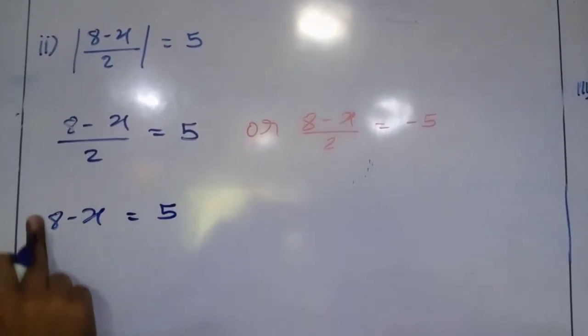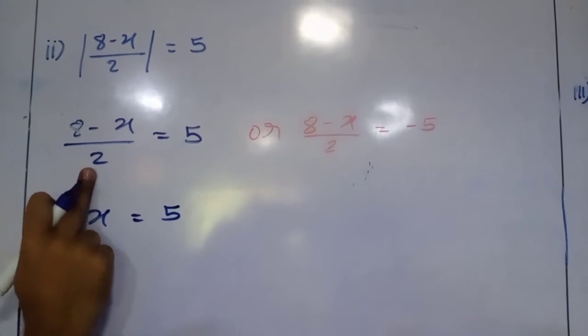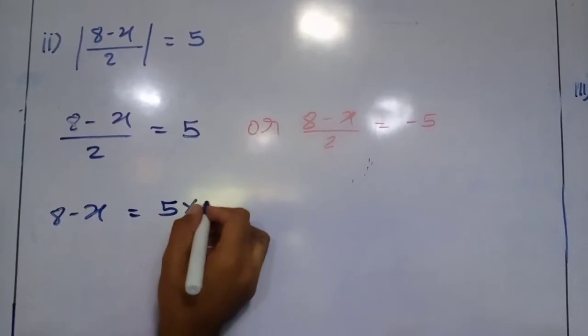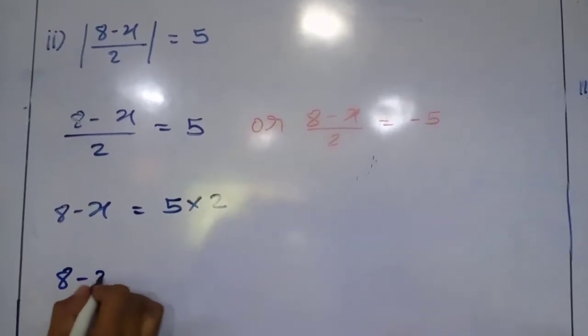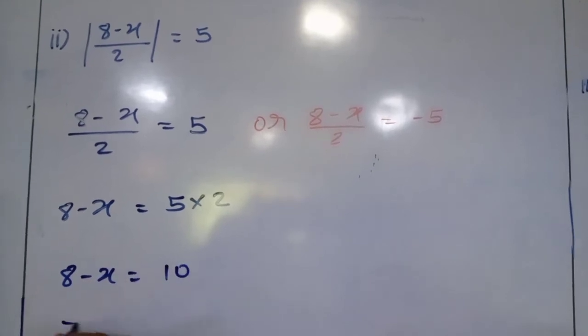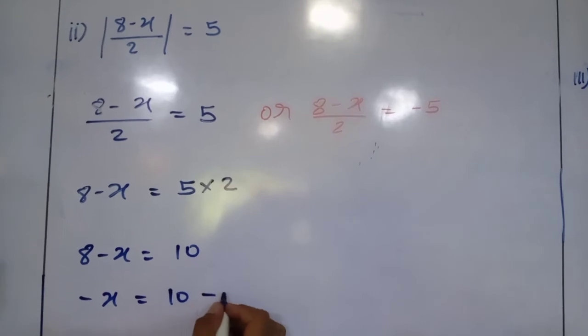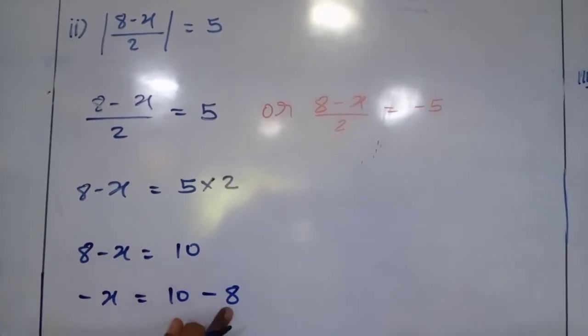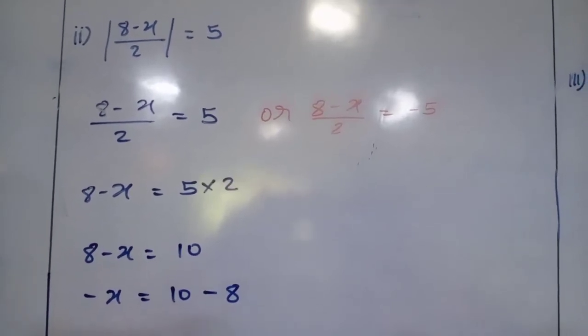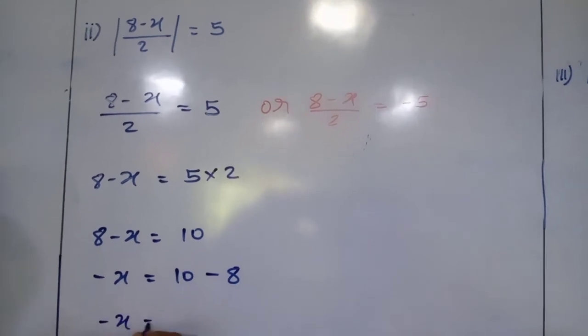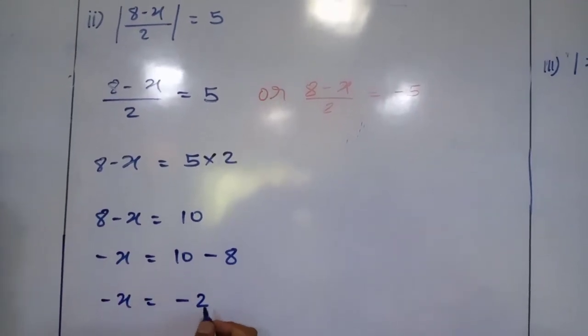Here we have the division; when it goes to the other side it will become multiplication. 8 minus x is equal to 10, so minus x is equal to 10 minus 8. The 8, when it goes to the other side, will become minus 8. So minus x is equal to minus 2.